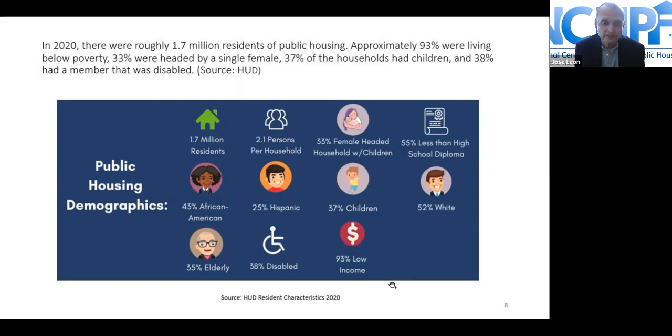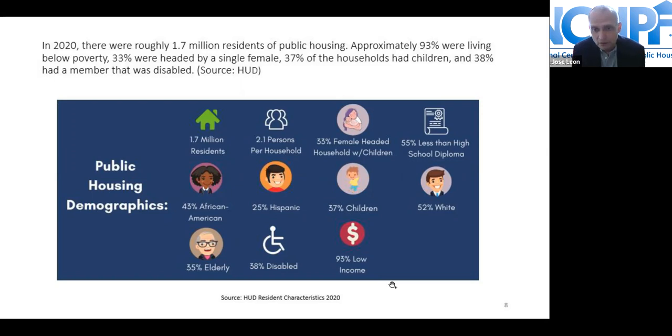Another issue that is extremely important to mention is that 25% of them are Hispanic. So there has to be some kind of services for the Hispanic population, specifically for those whose language is not English, and who have difficulties communicating with the health team.